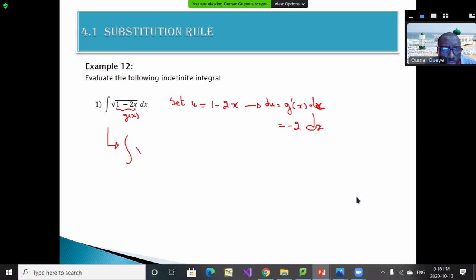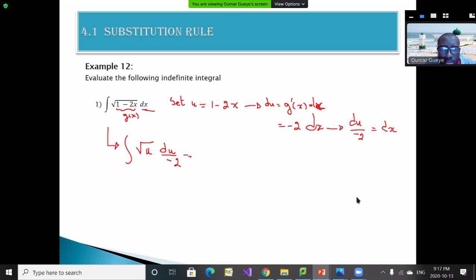You get the root of u, because this is your u, and you substitute dx. Your dx is going to be du over negative 2. Now you substitute dx as du over negative 2.